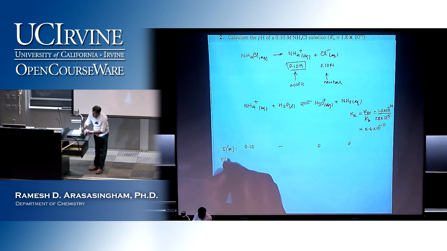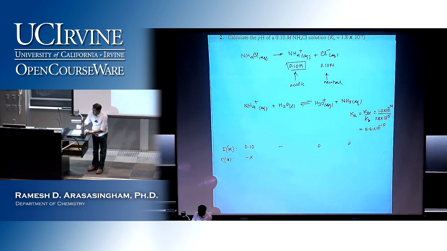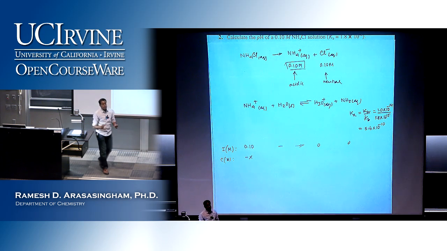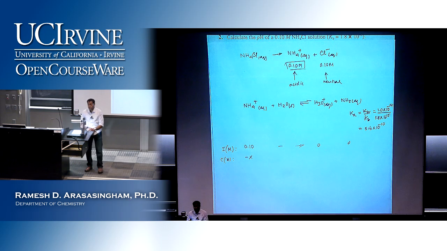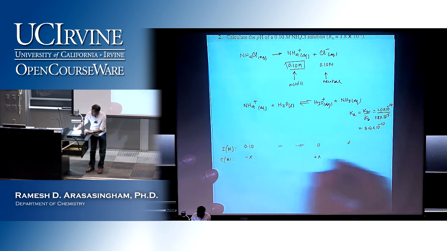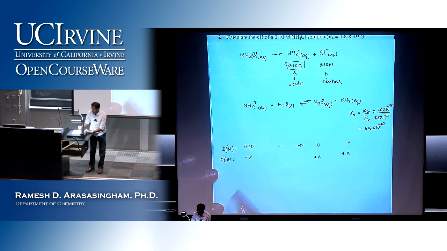Then the change: it's going to have to proceed in the forward direction because there are no products. We need to form some products to establish an equilibrium, so some of the reactant is going to be consumed, and some product is going to be formed, and the stoichiometry is 1 to 1 to 1.